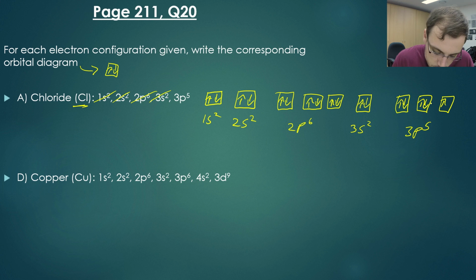Now let us move on to the next one. Actually, I should be able to do it over here. Let's start again. Okay, so let us now move on to copper.